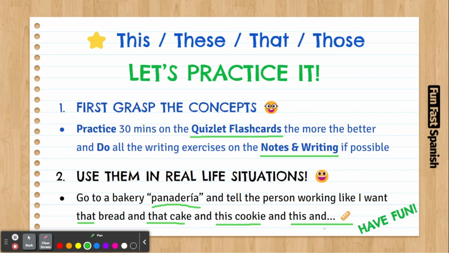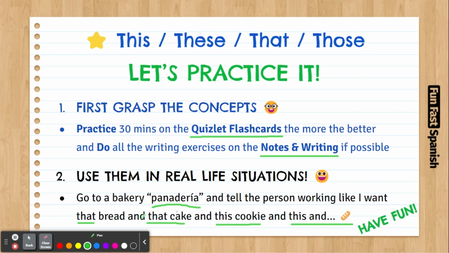If the object is far, use that: eso, esa, or esos, esas, if it's far away and you're pointing at it. If it's very close to you and you feel that you can grab it, you're going to use esto, este, esta, estos, estas. That's it.